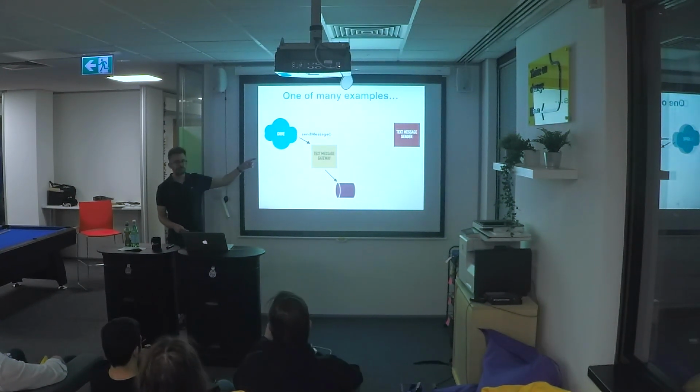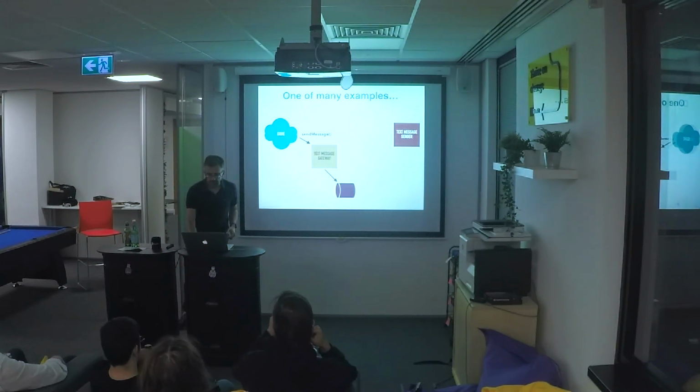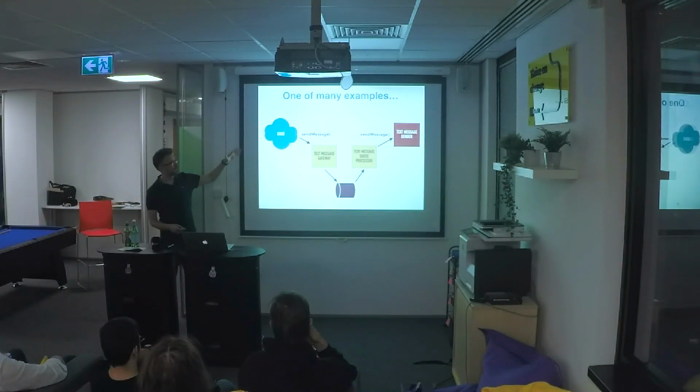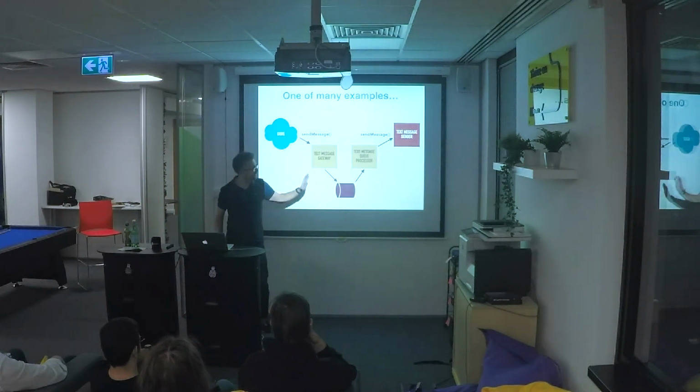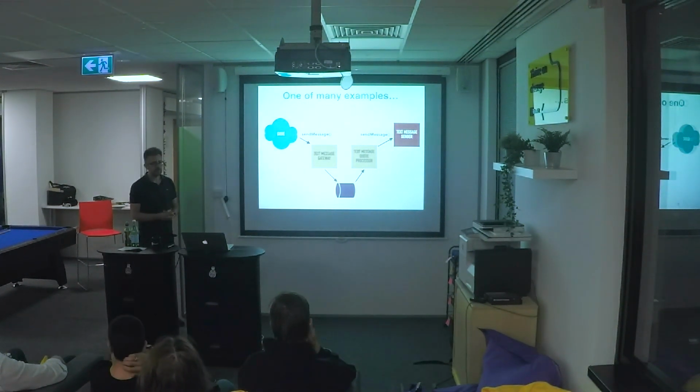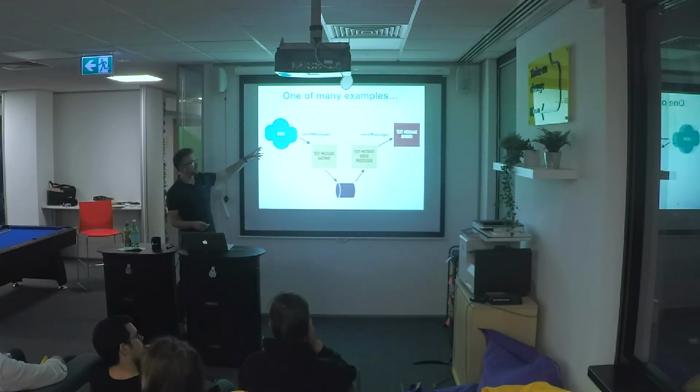So instead of sending it directly, we put it in a queue. And then we have another bit of code that is a queue processor, and then that sends the actual text message. So we're decoupling this because the stuff on that side is relatively slow. And what I wanted to make sure is that the code in blue never directly called the code in red. I had to go through this process.